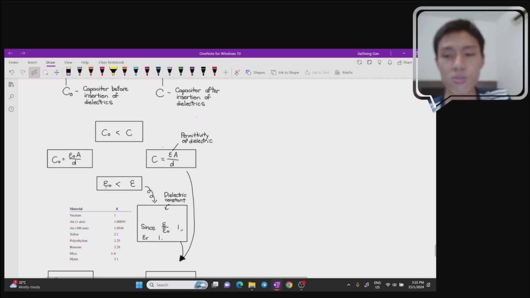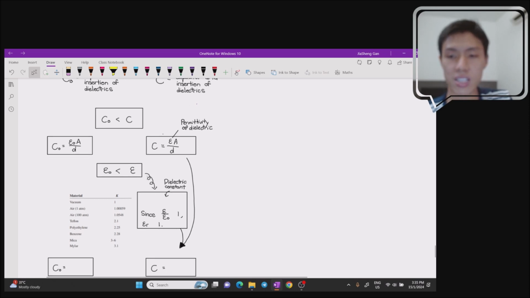Okay, so what's the relationship between the permittivity of free space and the permittivity of the dielectric? It is related by something called the dielectric constant. You can express it like this: the permittivity of the material is equal to the permittivity of free space multiplied by a multiplier or factor, and this factor we call the dielectric constant.